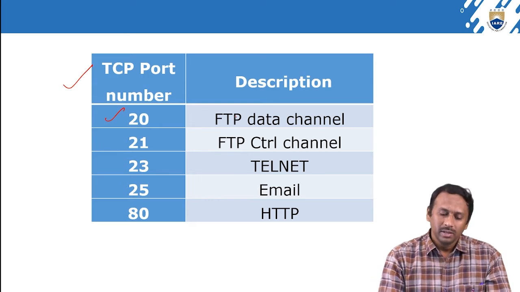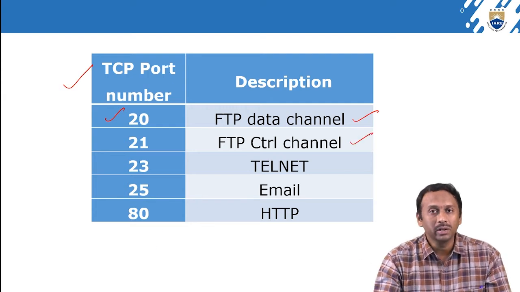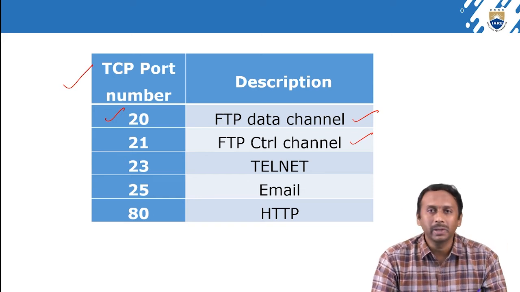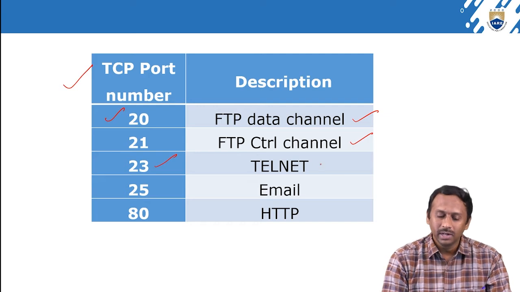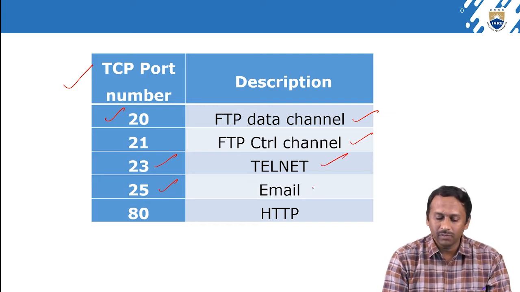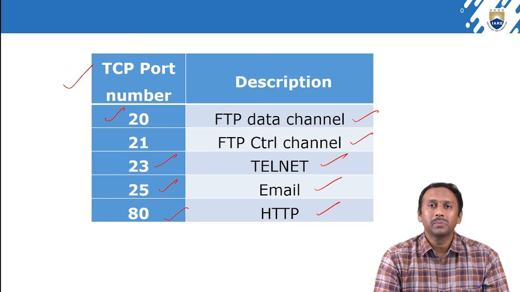Port 21 is for the FTP control channel. So remember, 20 is for data and 21 is for FTP control. Port 23 is for Telnet, which is terminal network. Port 25 is for email, and port 80 is for HTTP. HTTP stands for Hypertext Transfer Protocol.